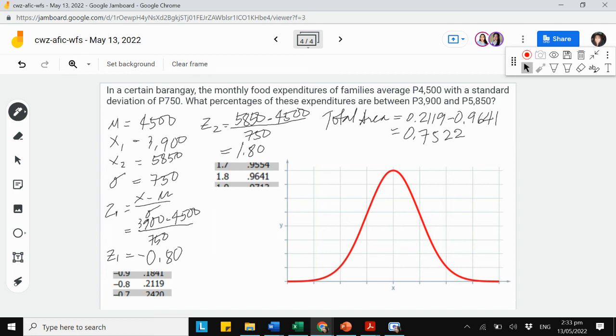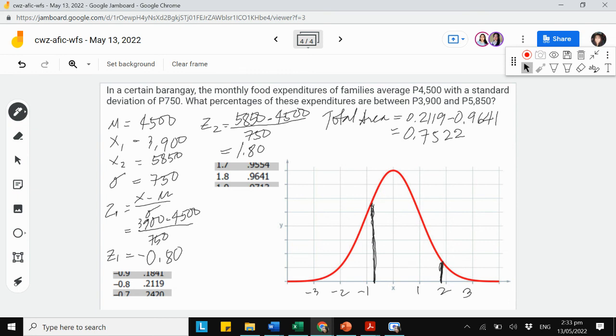So, pag dinrowing natin siya dito, okay? So, this is the area. So, this is 1, 2, 3, negative 1, negative 2, and negative 3. So, 1.8, malapit siya dito, somewhere here. And then the other one is before negative 1.